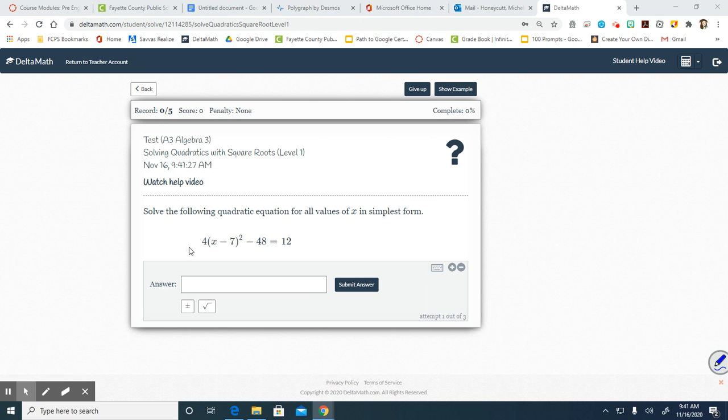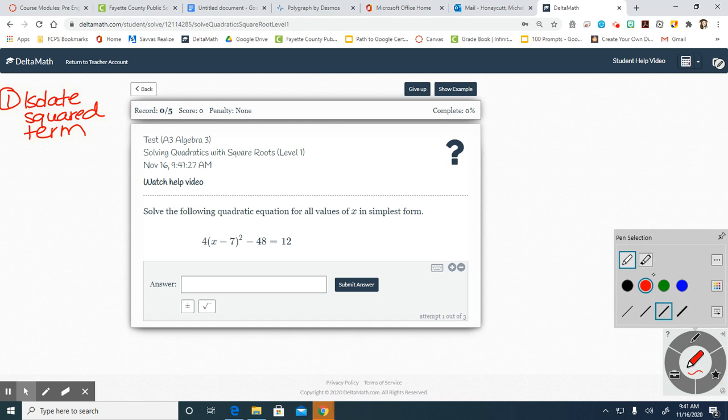So as you can see, this problem is a little more complex, but the ideas are still the same. So the first thing we want to do, remember, is we want to isolate the squared term. Okay, so my squared term is this x minus 7 squared.